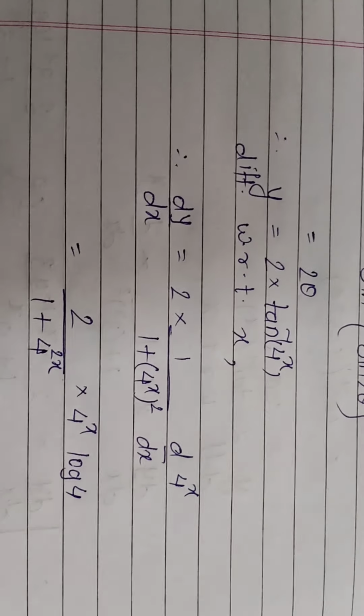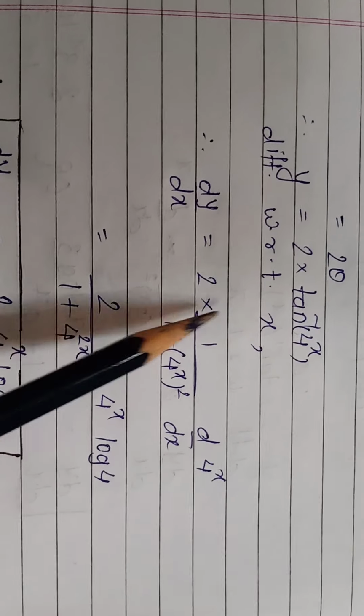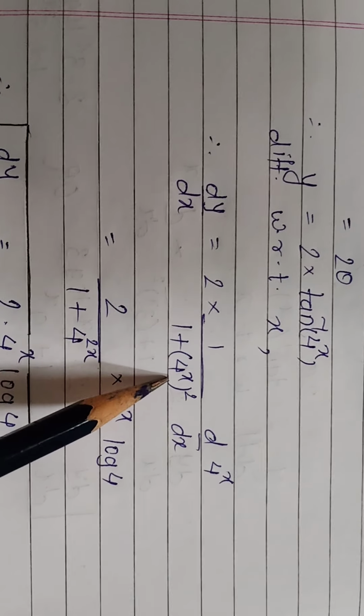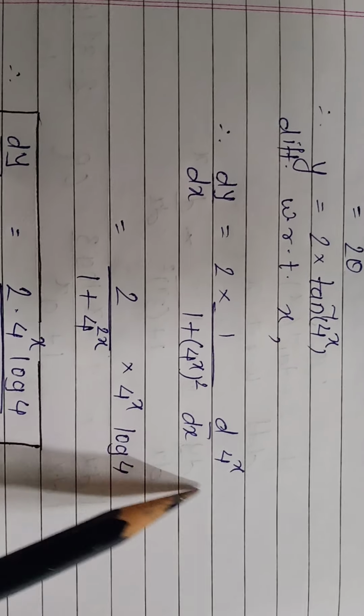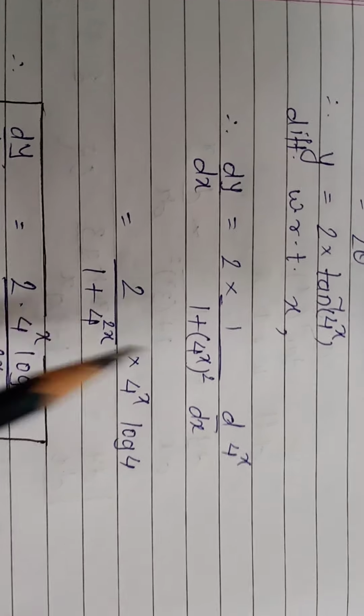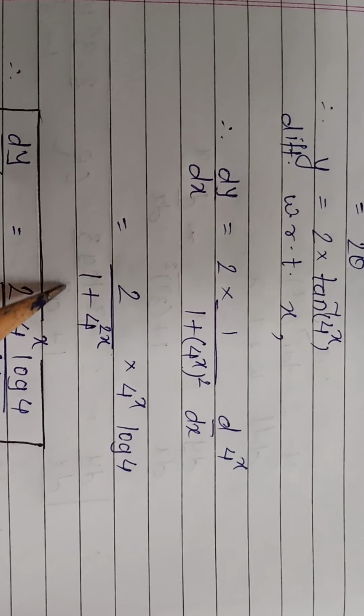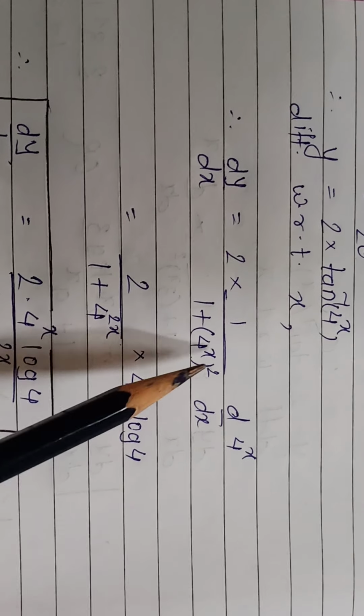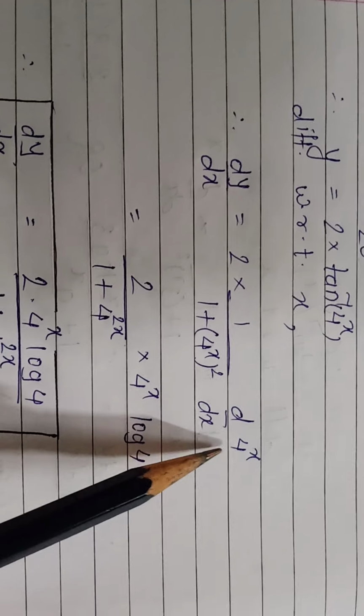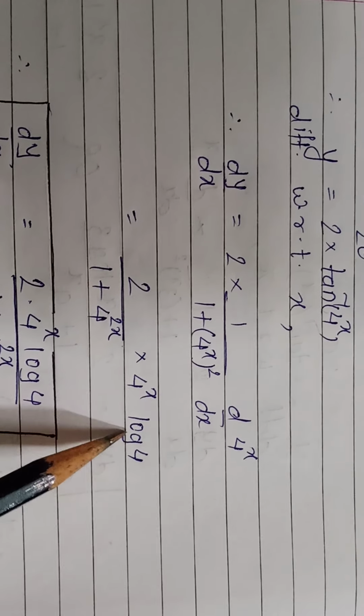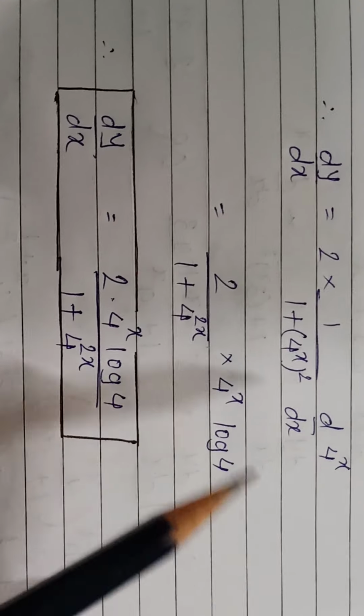Similar differentiation is there. This is 2 as it is, 1 upon 1 plus 4x bracket square, into the derivative of 4 raised to x, as this is extra. So this is 2 upon 1 plus 4 raised to 2x, we can write it, right? And this derivative is 4 raised to x into log 4. Rearrange and write.